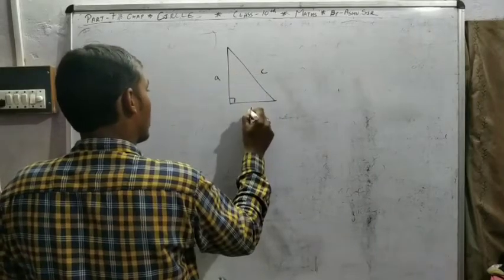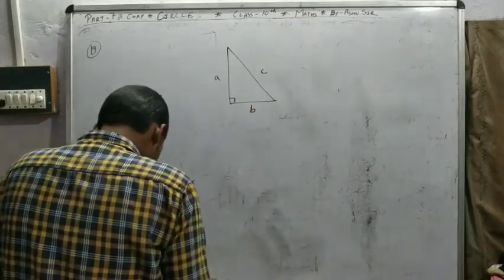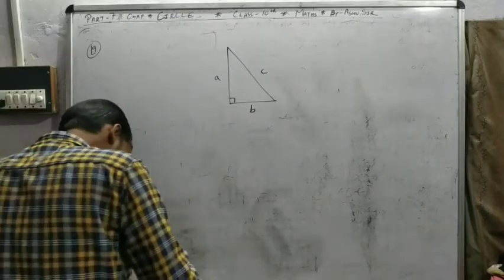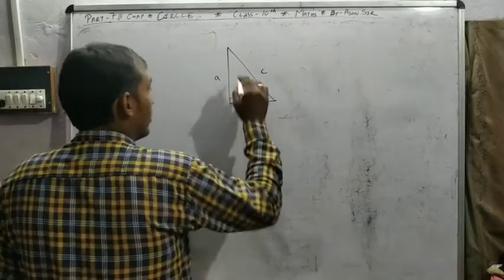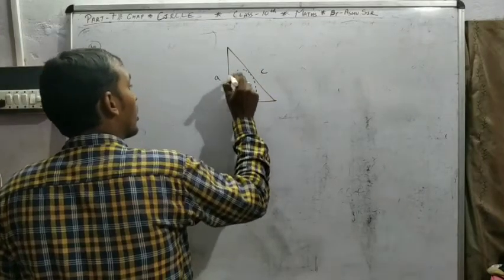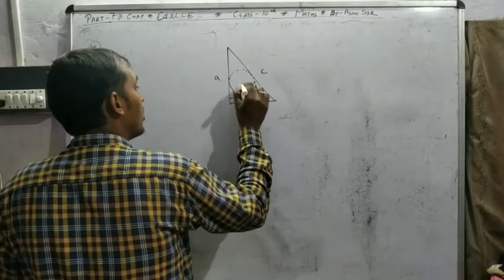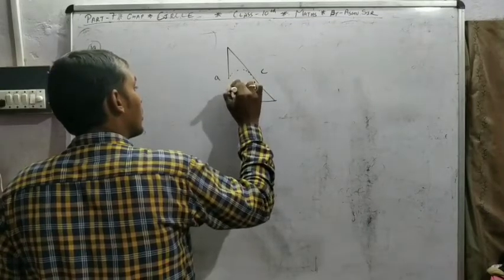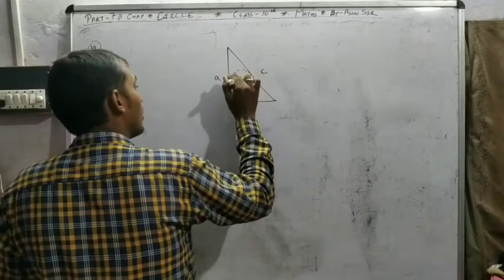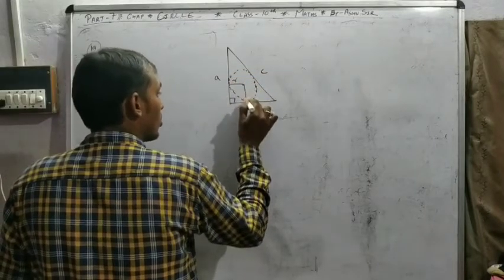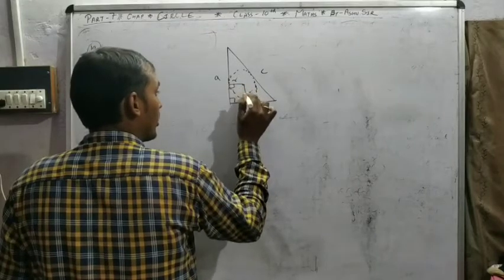So that is A, this is B. Prove that the radius R of the circle which touches the sides of the triangle, means a circle just like this, radius R. This is a radius, this is also a radius, 90, 90.